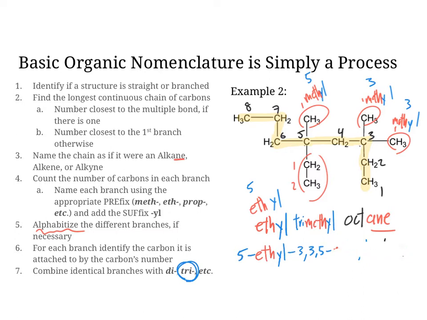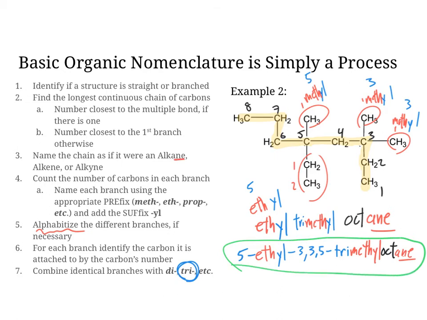I've got to add how many methyls there are, and this is where redundancy comes into place, and it's a little bit cumbersome sometimes. It's a trimethyl octane. Now, this is the final answer.